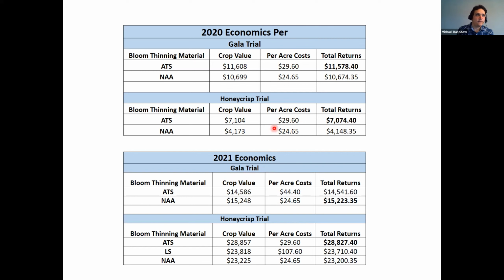And when we look at the crop value and the cost differences, you can see for our Gala trials, in 2020, ATS gave us better returns in our Gala and in our Honeycrisp trial. And when we look at 2021, we had a higher value from NAA in our Gala trial. But again, in our 2021 Honeycrisp trial, we did see quite a bit of a jump with the ATS treatment.